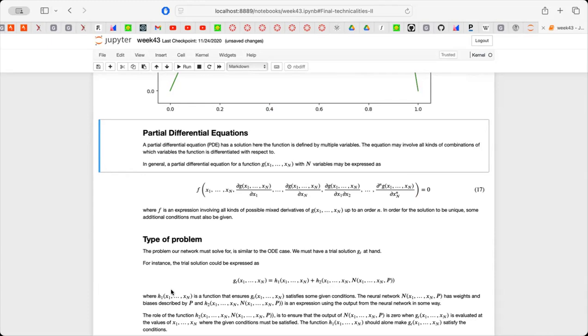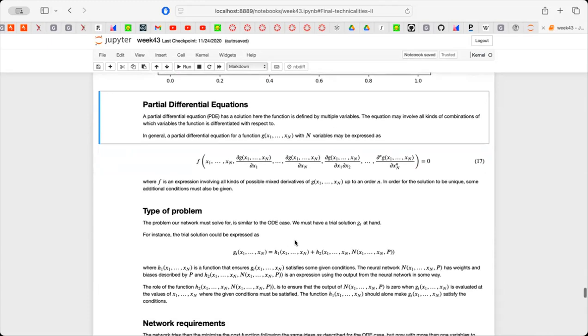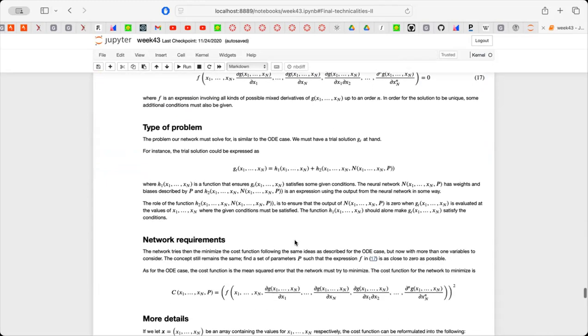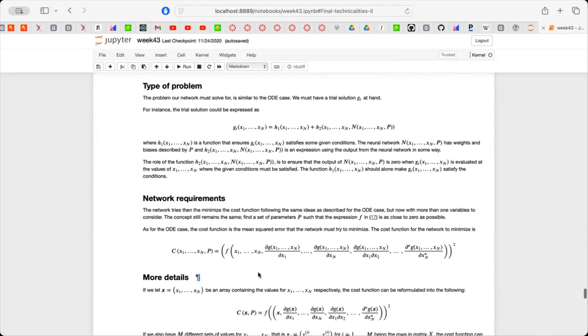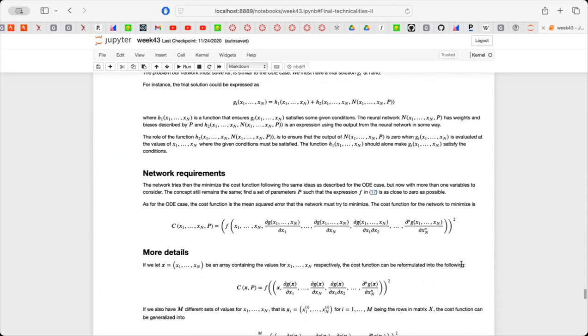And now we also need a trial function which expresses initial conditions and boundary conditions. So the network requirement is now given by a new function which we want to optimize and drive to 0. And again, it's the same type of recipe, except that we are increasing the dimensionality of the problem.